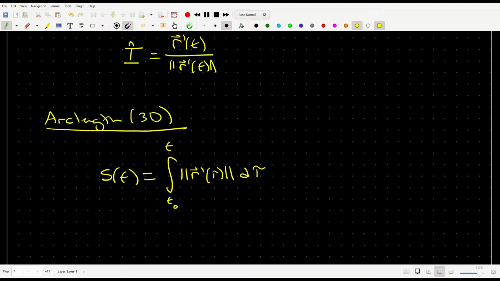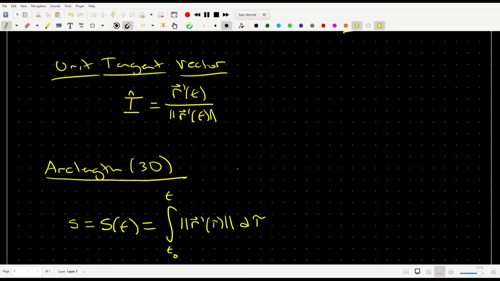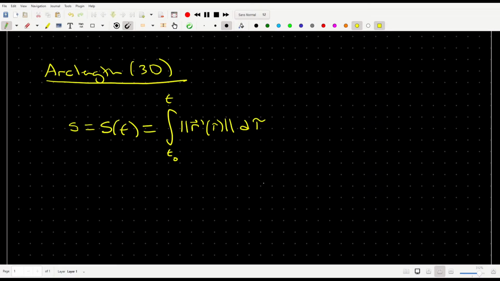The integral of this gives you the relationship between arc length along the curve and any value of the parameter t on the curve. It's important to note that this works when the magnitude of r prime is positive everywhere.